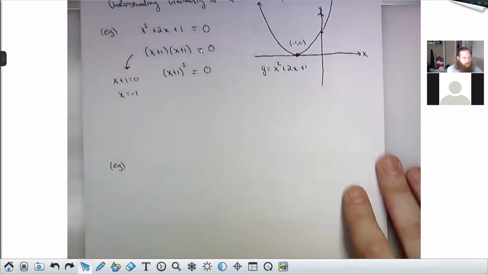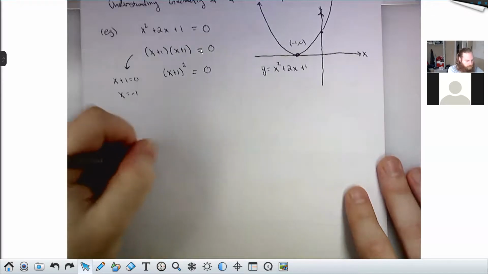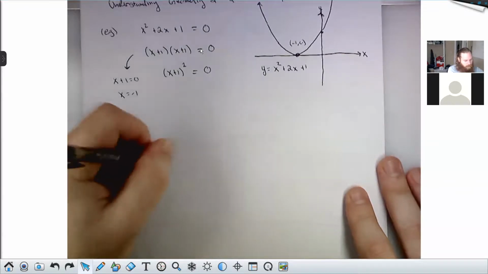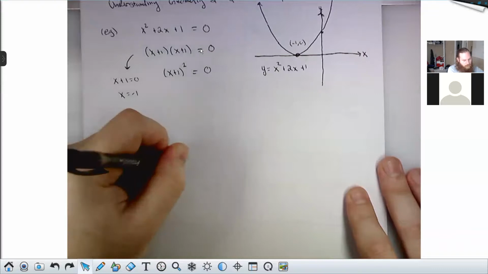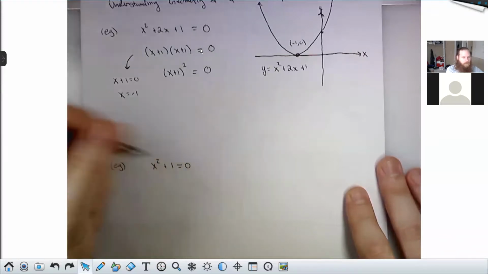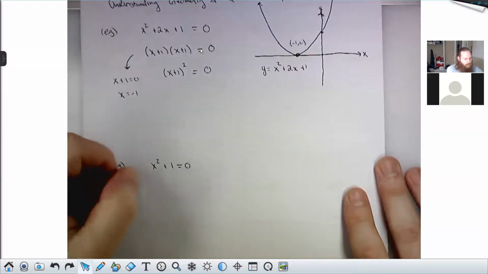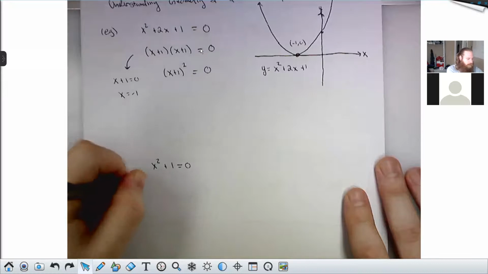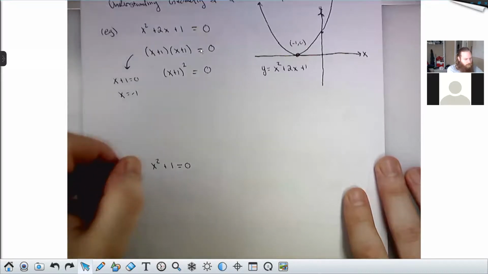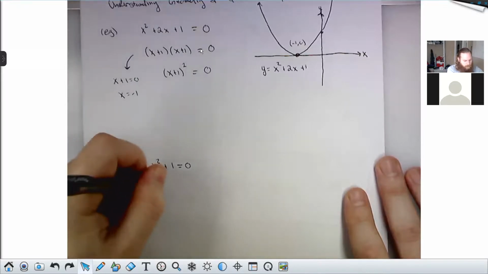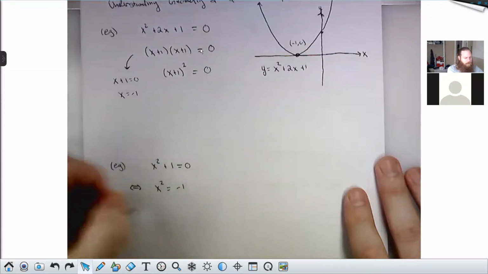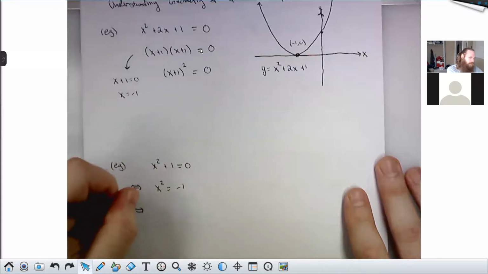If we look at a slightly different example, this guy doesn't have any x terms. We can try to solve him by taking square roots. He just has an x squared and a constant. So I can subtract the 1 over and get x squared equals -1, and then I can take square roots.